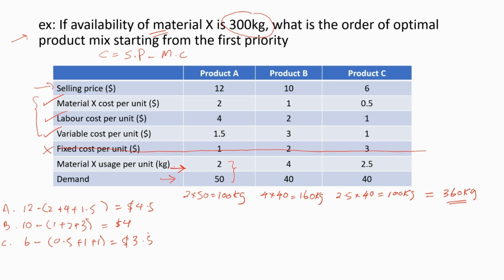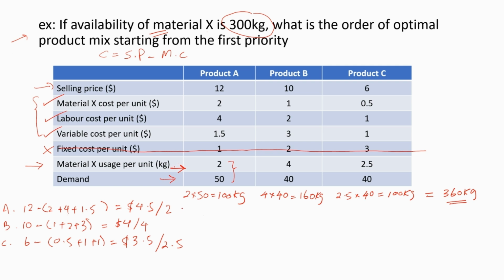Now let's calculate the contribution per limiting factor. They have given the material X usage per unit in kilograms. This is the limiting factor for each product. So simply we can divide the contribution per unit by the material X usage per unit. So 4.5 divided by 2, 4 divided by 4, 3.5 divided by 2.5.